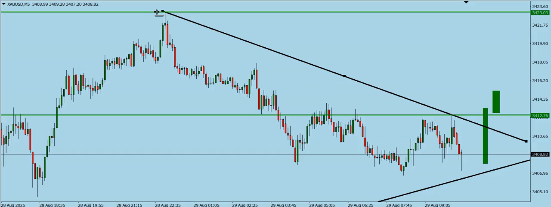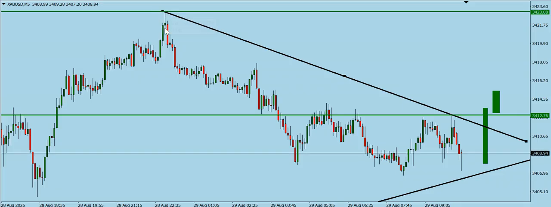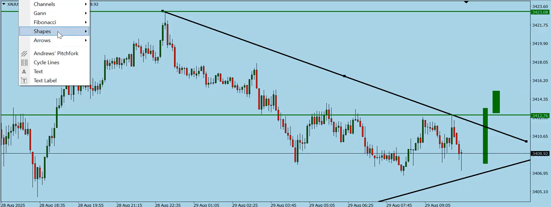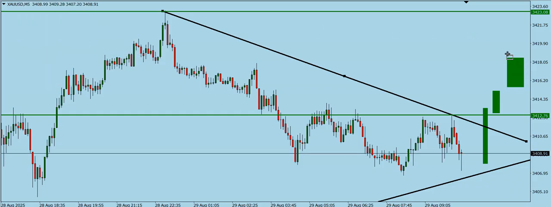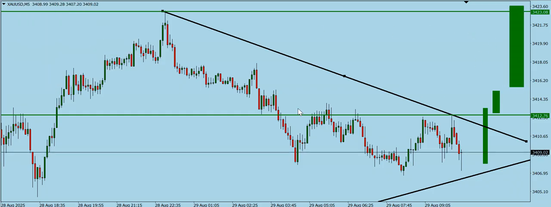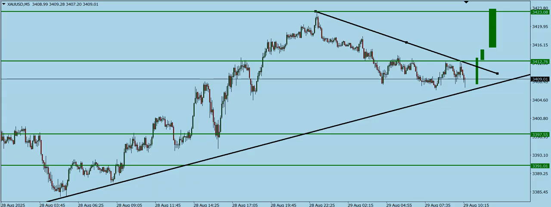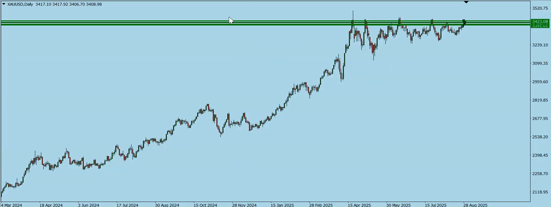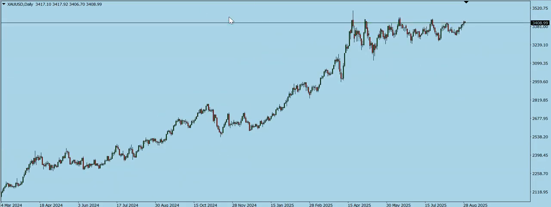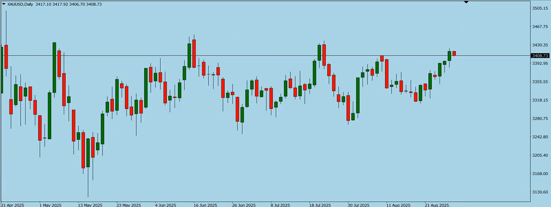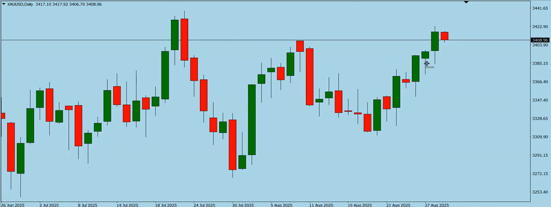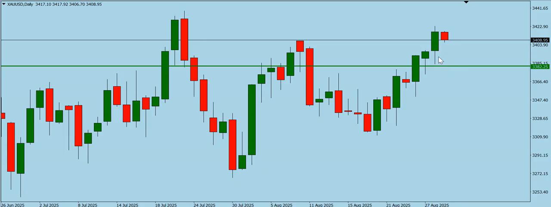Today, if you see the candle breaks above the previous day's high, that's the 3423 level, and price breaks above that level and closes above that level, be rest assured that the bullish trend will continue. On the other hand, on the daily time frame, if price breaks and closes below yesterday's low, that is a top.